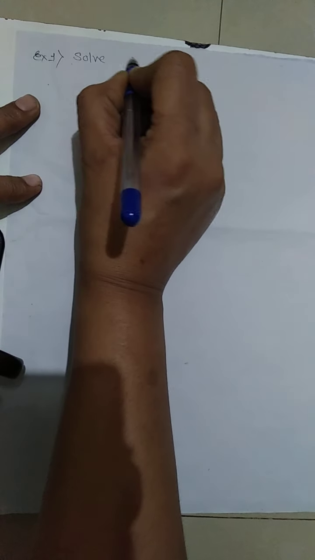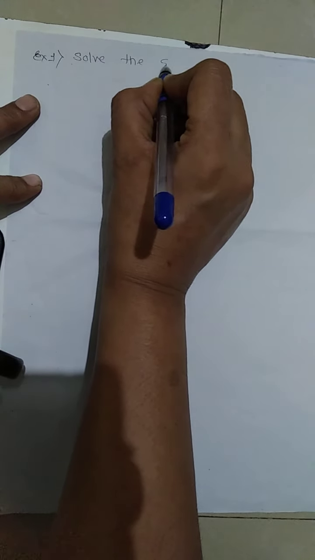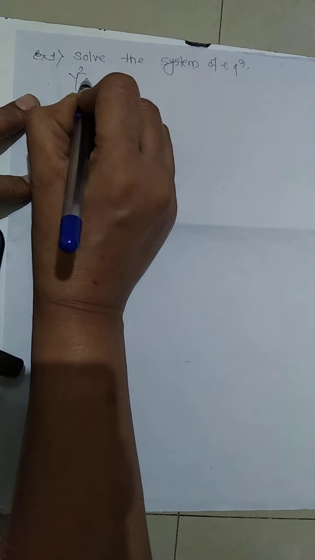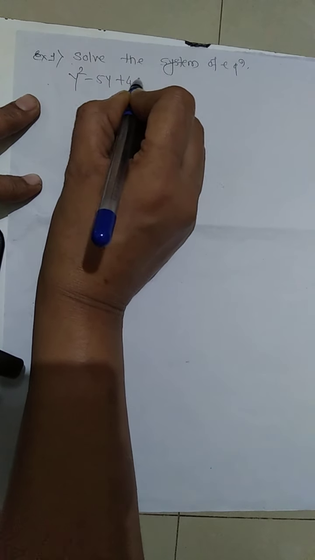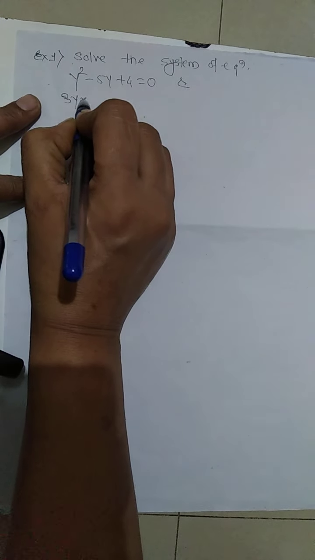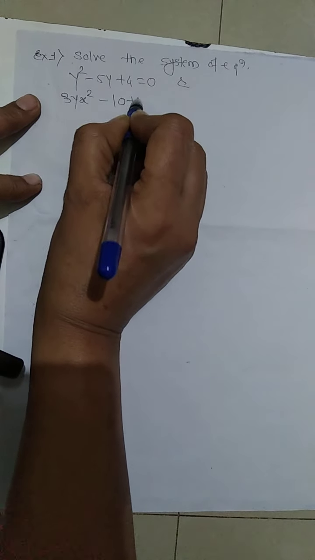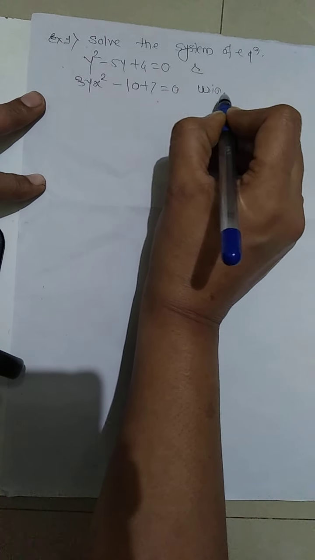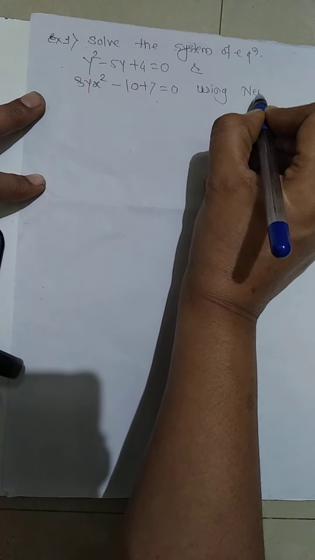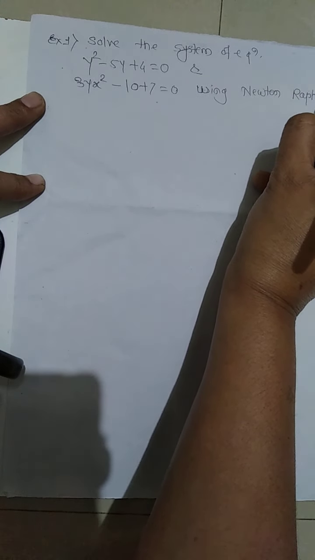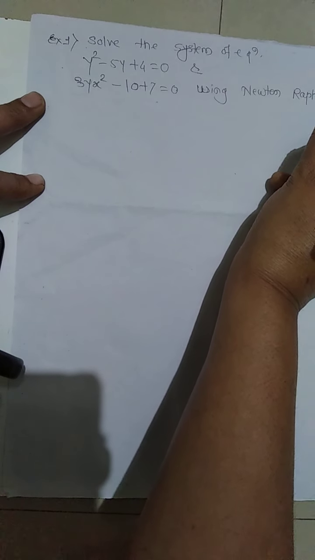Solve the system of equations y square minus 5y plus 4 is equal to 0 and 3yx square minus 10x plus 7 is equal to 0 using Newton-Raphson method.